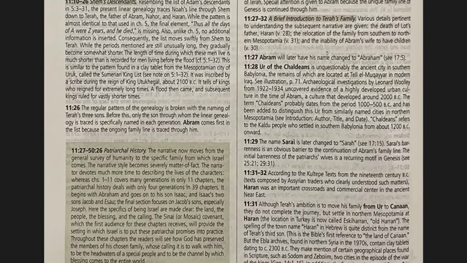Chapter 11, verse 28. Ur of the Chaldeans is unquestionably the ancient city in southern Babylon, the remains of which are located in Tel el-Mukayyar in modern Iraq.